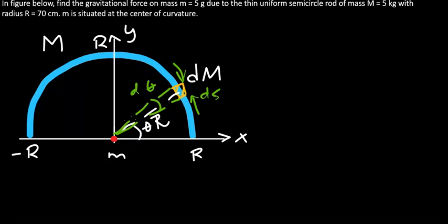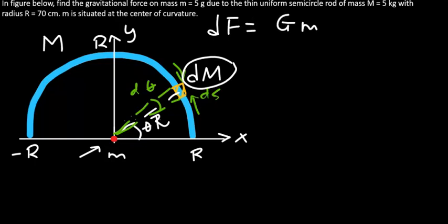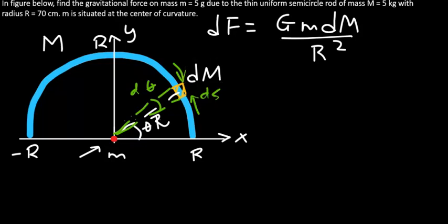So the gravitational force exerted by that mass on that mass is given by the following expression: G little m dM over r squared. This is the magnitude of that attractive force. We note that the mass is distributed uniformly because this is a uniform semicircular rod.